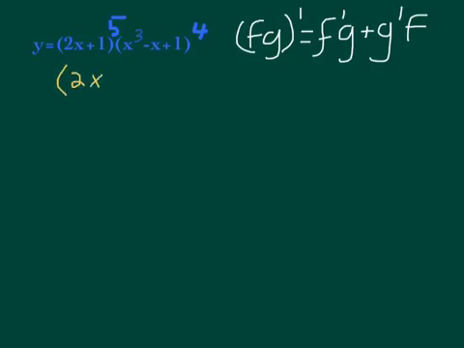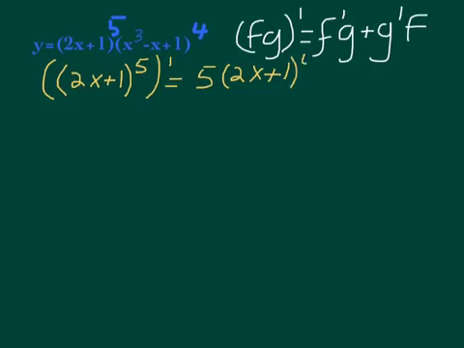Derivative of (2x plus 1) to the power of 5: the derivative of all of that will be 5 (2x plus 1) to the power of 4 multiplied by the internal derivative, which is 2.